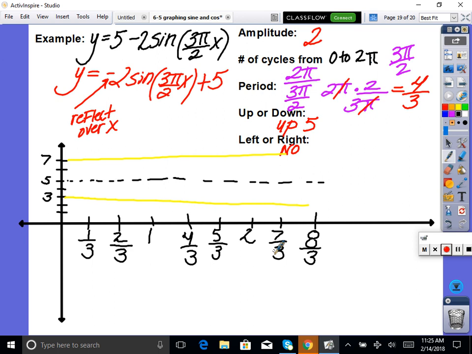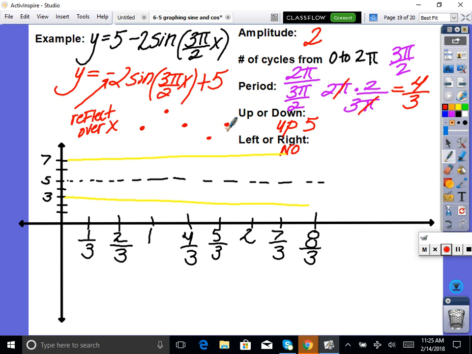Now because we're not using parent function points, because the parent function points take care of the thinking for us, we would have to think this is a reflected sine. Normal sine does 0, max, 0, min, 0. Isn't that what sine normally looks like?